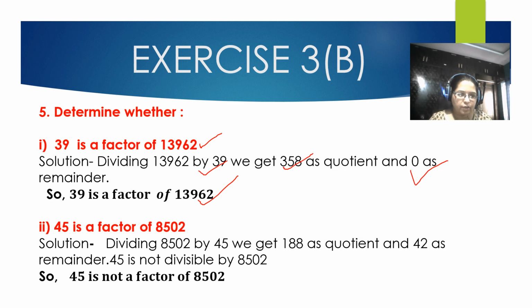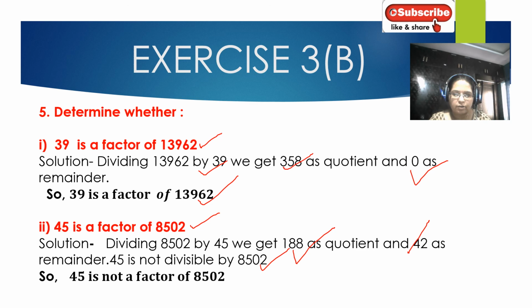Now the second part. Is 45 a factor of 8,502 or not? Dividing 8,502 by 45, we get 188 as the quotient and 42 as the remainder. 8,502 is not divisible by 45 as we don't get the remainder as 0.